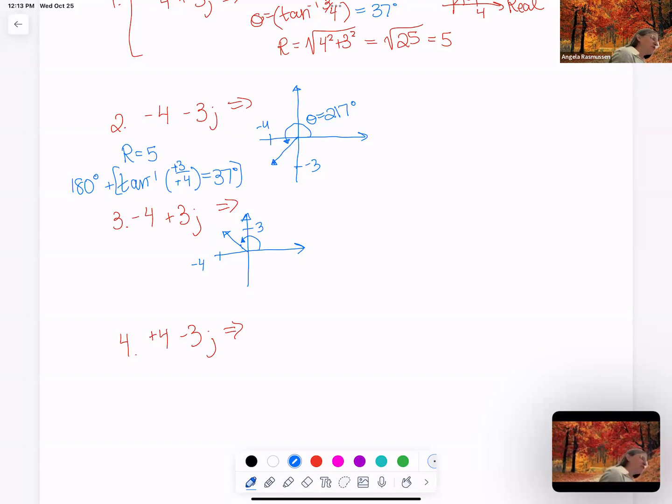So if you do inverse tangent of 3 over -4. Okay, let's see what this gives you.